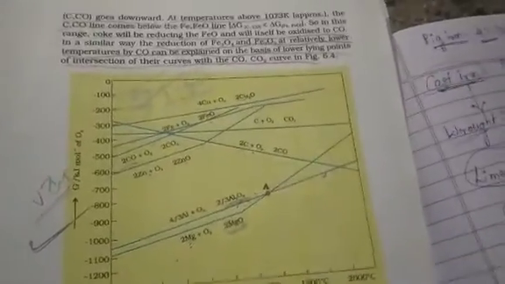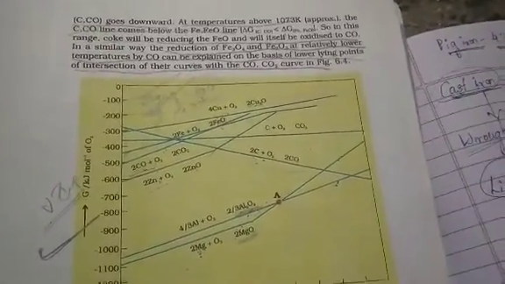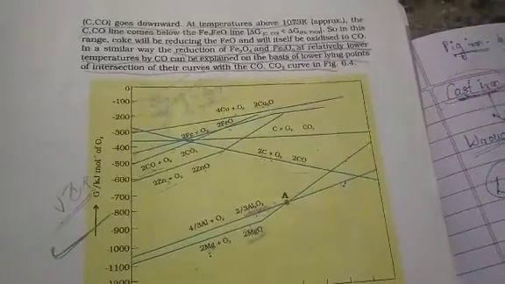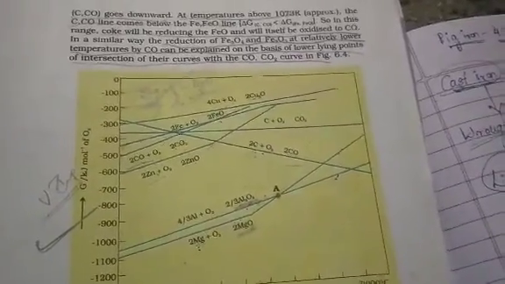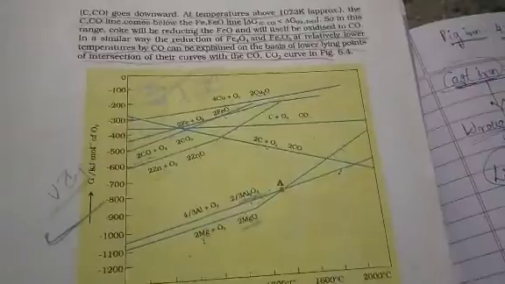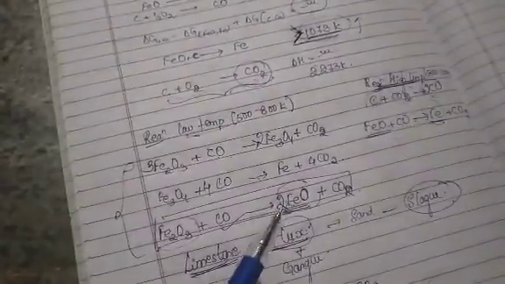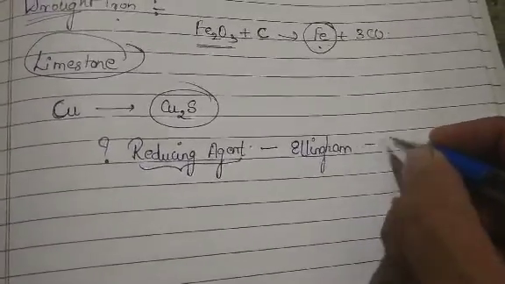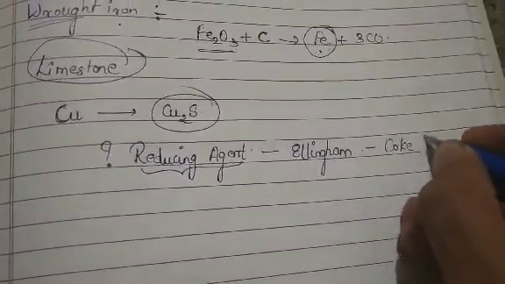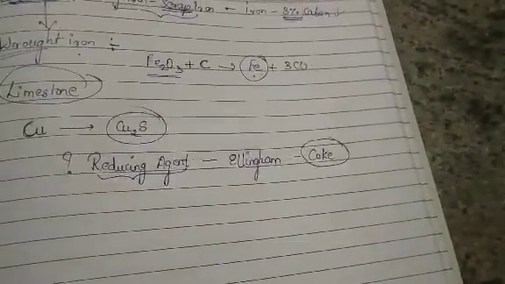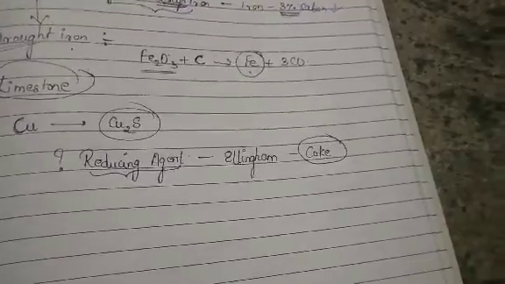So if I am maintaining only that little temperature, of course it will be beneficial for the industries and also economically very useful. So the extraction of copper is done by using a reducing agent, which through the Ellingham diagram we have seen is coke, because it is commercially available at a cheaper cost and also easily available.